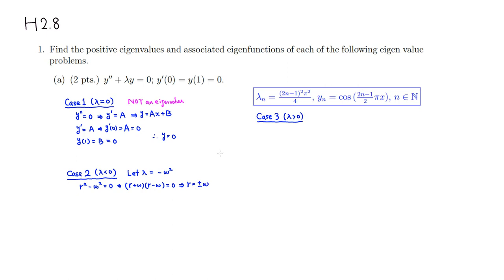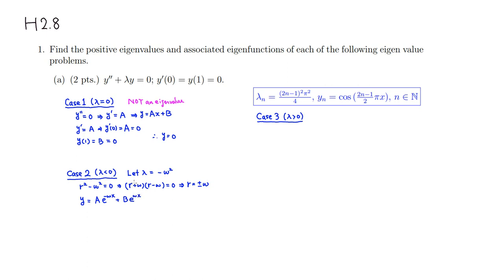The general solution is going to look like y equals a times e to the negative omega x plus b times e to the positive omega x.